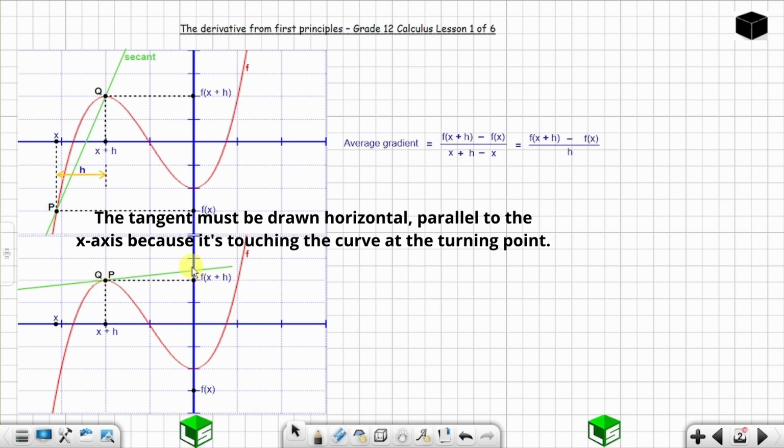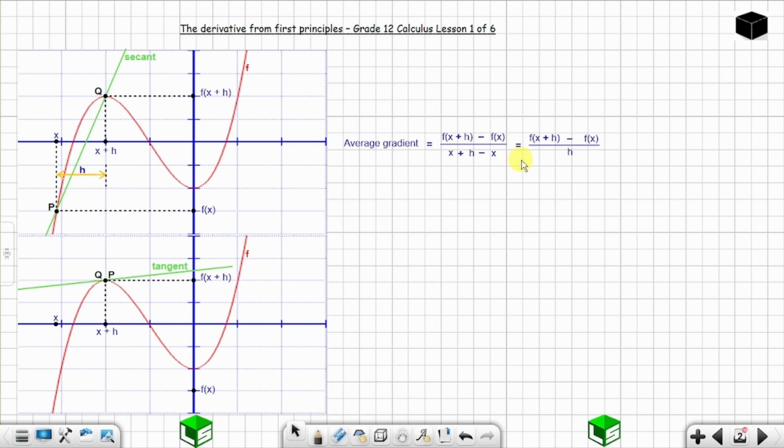Now this is a tangent. To get the gradient of a tangent line which is touching this graph of f at one point, we're still going to use this formula, but we have to make some change so that it can be the formula for the gradient of a tangent line which is touching the graph of f at one point. So this is what we have for this, right?